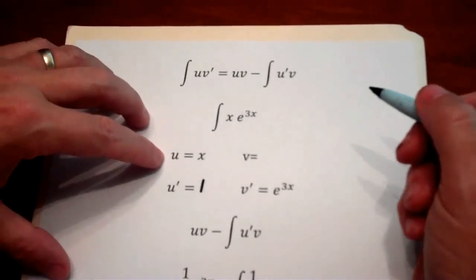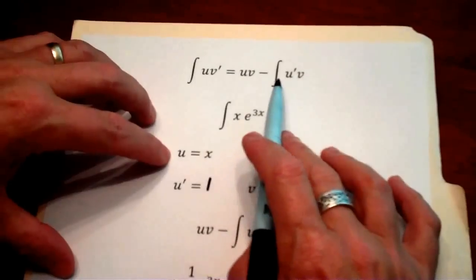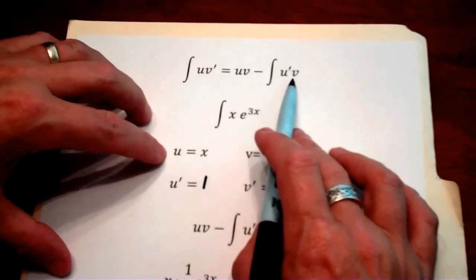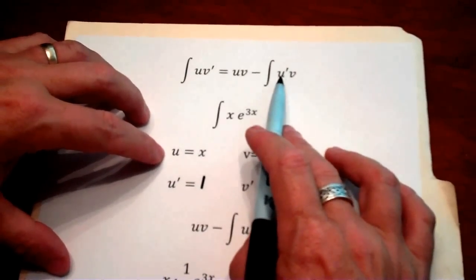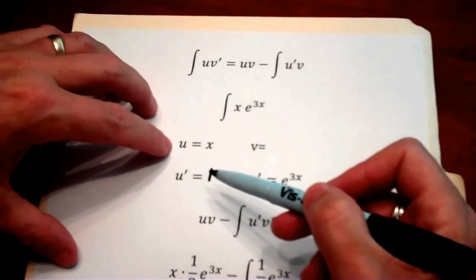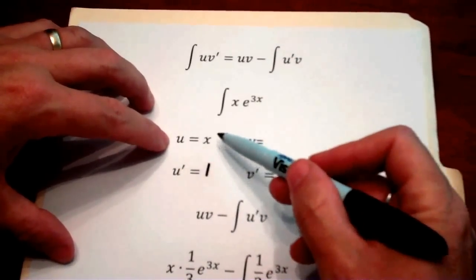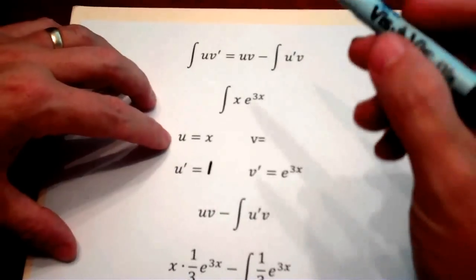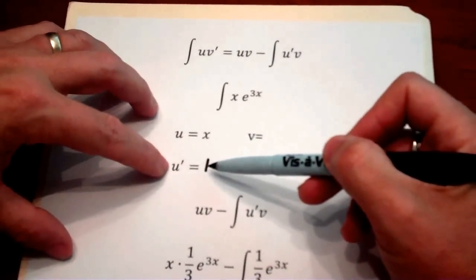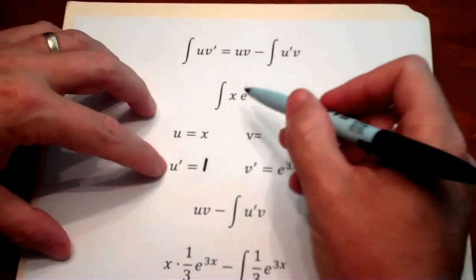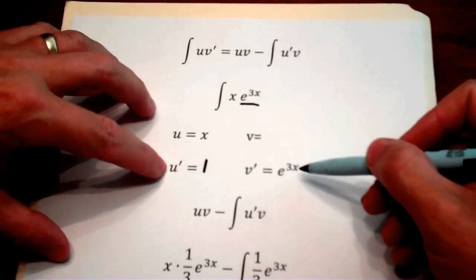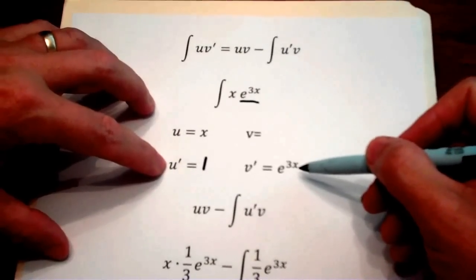That's the ideal thing we'd like to happen, because you notice I'm still going to have to integrate u prime times v. If I can make one of these x's essentially disappear, that is going to make my job so easy. That's exactly what happens here, so that's exactly what I want to do. I'll call the x the u, the derivative of u is 1, and I'll call the other piece, the e to the 3x, I'll make that v prime, or the derivative of v.